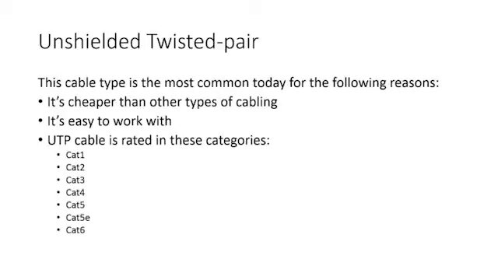It's outdated now. 5E and 6 is what we want that can carry the most data. Category 6 can get up to a gig speed. That's pretty good. 5E can get a gig speed as well. Now, those are the ones that you want. 6 is probably the better of the 2, but 5E can get the job done just as well.